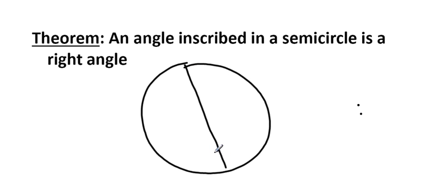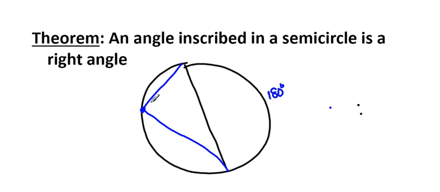So let's take a semicircle. A semicircle is going to be half of a circle, and let's inscribe an angle in it. So an inscribed angle, by definition, has to have its vertex on the circle, and we're going to inscribe it in the semicircle, meaning that the semicircle is going to be the arc that it intercepts. Well, the degree measure of this arc, because it's a semicircle, is going to have to be 180.